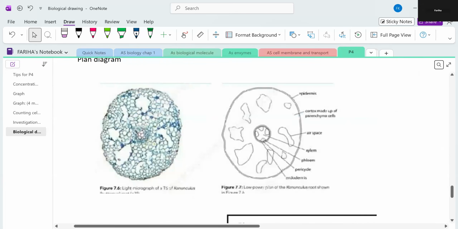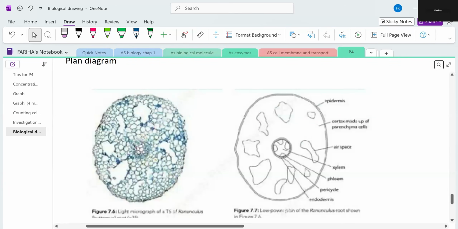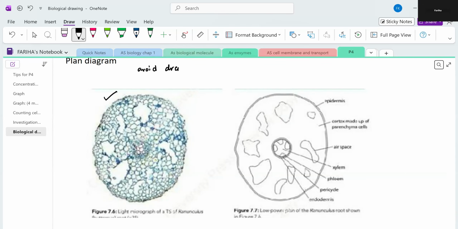For example, the examiner provided you with this diagram and asked you to draw the plan drawing. And let's suppose the examiner doesn't mention the name plan drawing, and asks you to draw this diagram and avoid drawing individual cells and label certain parts.